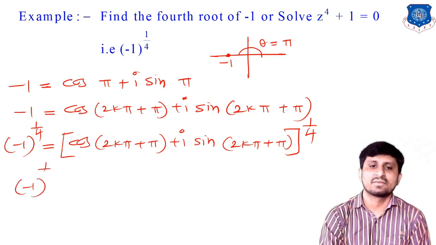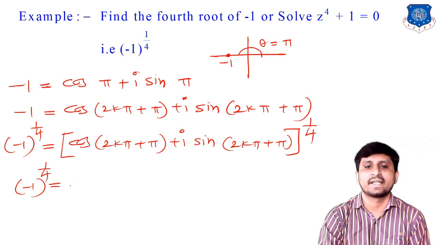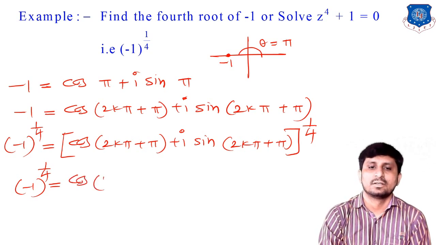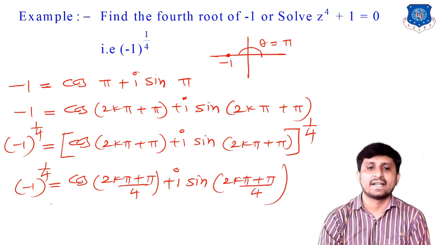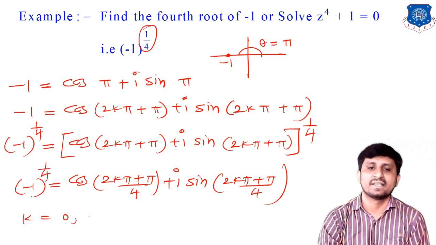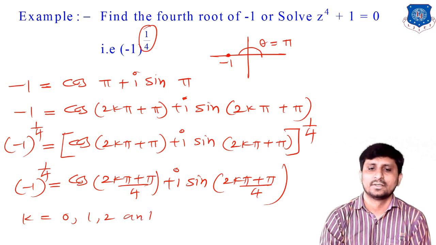So this (minus 1) raised to 1 by 4 can be written as cos((2k pi plus pi) by 4) plus i sin((2k pi plus pi) by 4), okay. And now we have to take the values of k because we want to find the fourth root of this complex number. So take values of k as 0, 1, 2 and 3, okay.